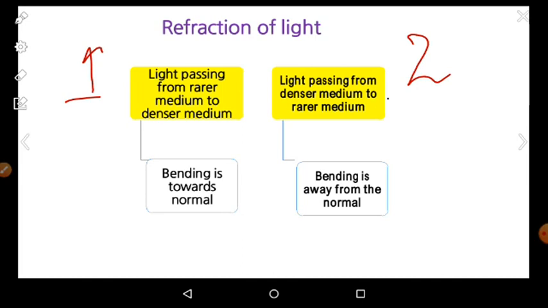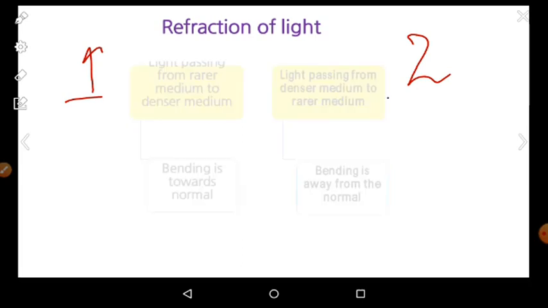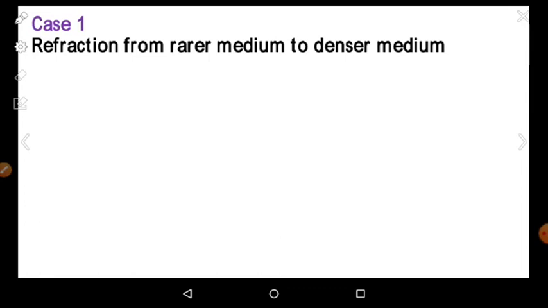It means when the light is passing from rarer medium to denser medium, after crossing the boundary, after entering into the second medium, the light ray bends towards the normal, the perpendicular line drawn to the surface of the medium. In the second case, light passing from denser medium to rarer medium, after entering into the second medium, it bends away. So let us see clearly with a ray diagram which shows the refraction of light.